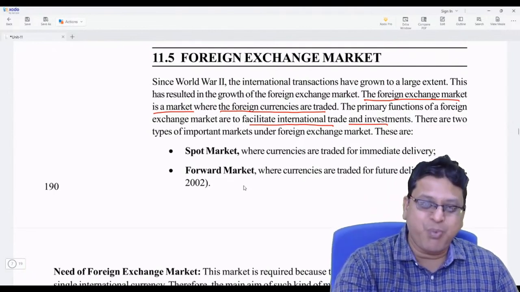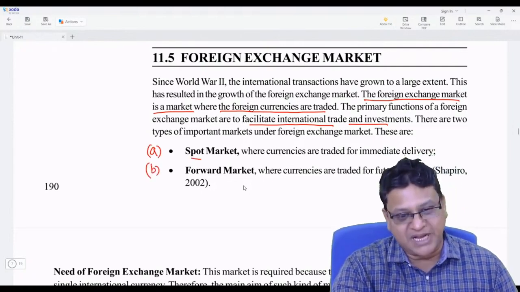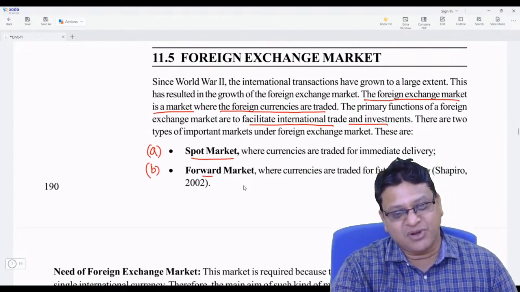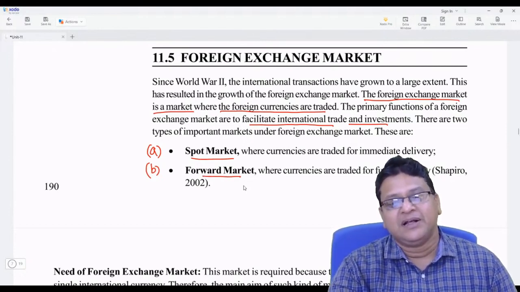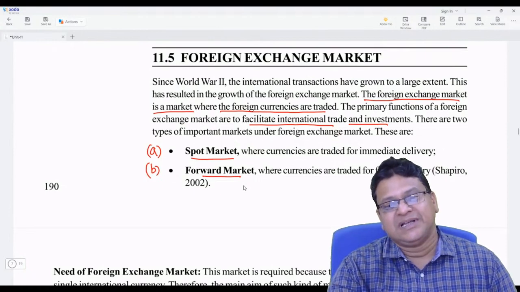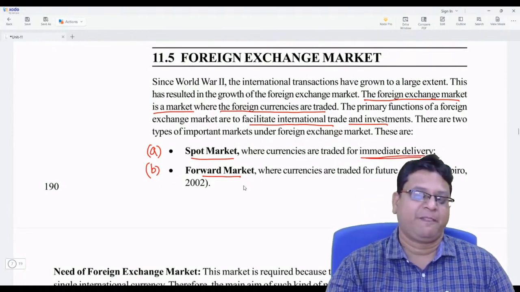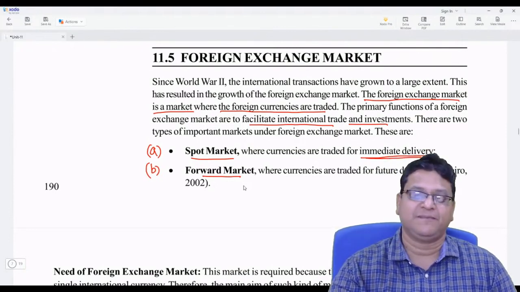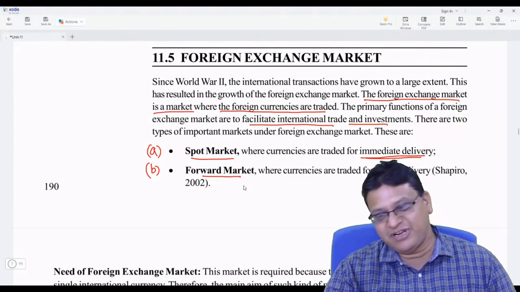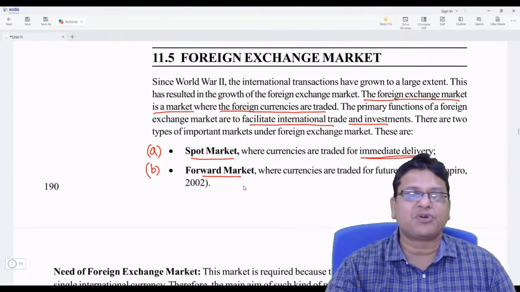One is spot market, another is forward market. What is spot market? Spot market is that segment of currency market where currency are traded for immediate delivery, where payment and delivery will take place immediately. That is known as spot market.